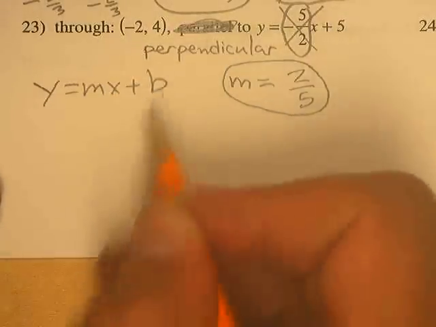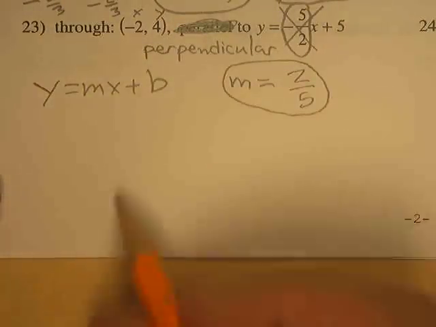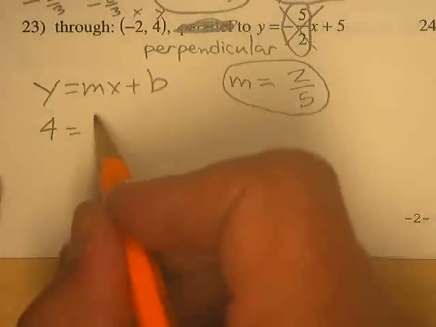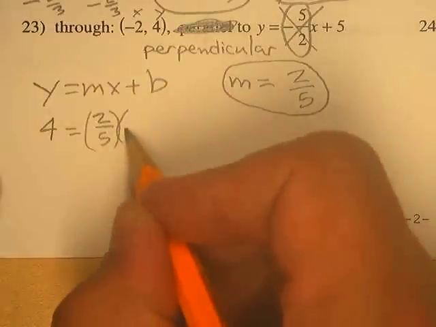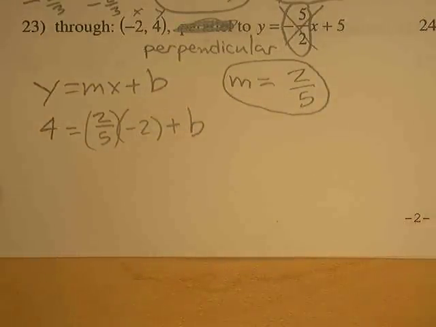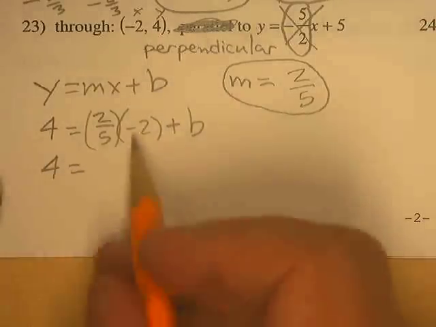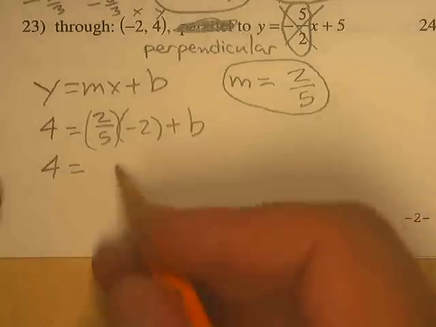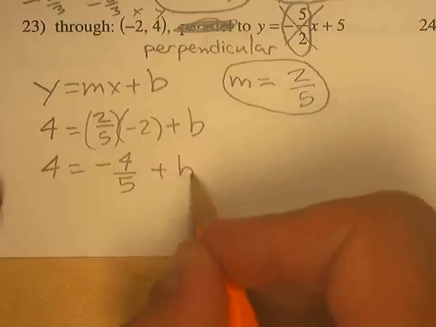All right, so let's try it. Same process we were using, but with this slope. So we always start off with y equals mx plus b. This is our x and this is our y. So I plug in 4 for the y. Slope is 2/5, sorry. The x is negative 2, plus b. Multiply these two together. If 4 is equal to 2/5 times negative 2, you could do this on your calculator.